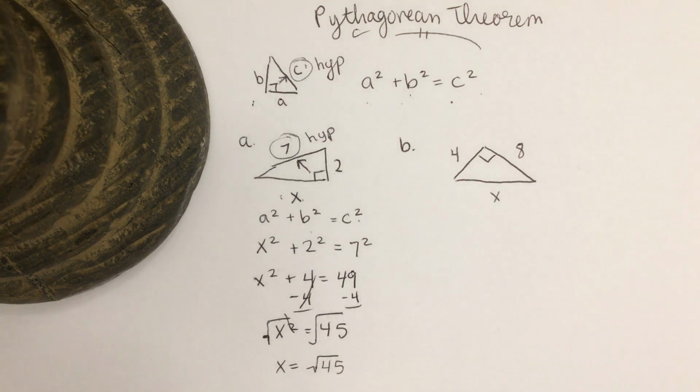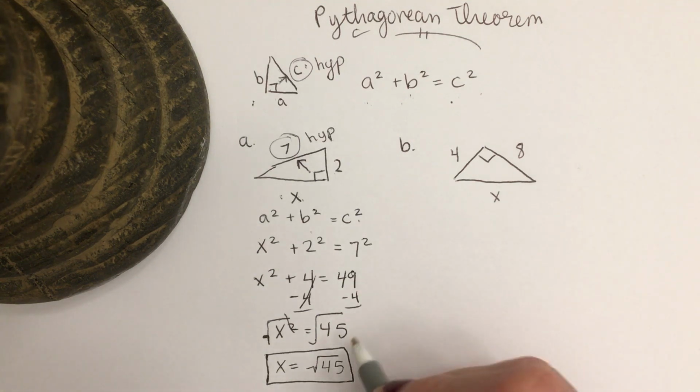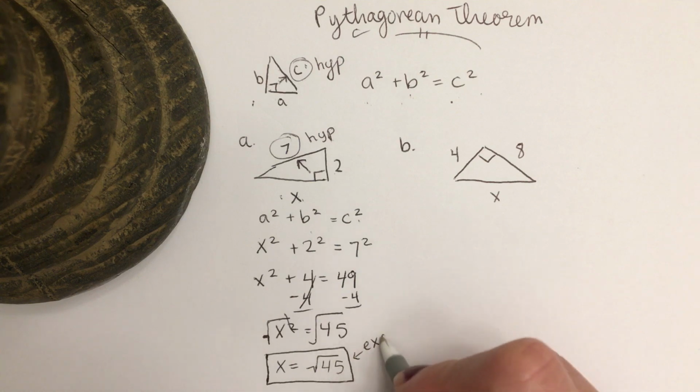Now I want to quickly go over two different ways to write this. x equals the square root of 45 is technically the exact answer. This is the exact value of x, but a lot of times that doesn't make a whole lot of sense to us, right? What is the square root of 45? When we see that, it doesn't mean a whole lot. So sometimes the problem is going to ask you for the exact value, and that's what this is right here.